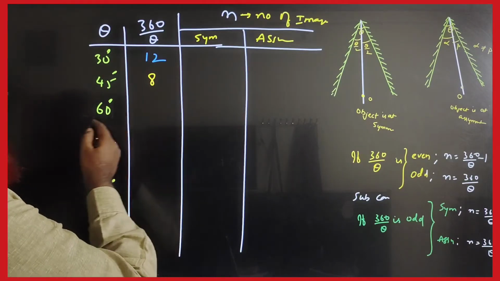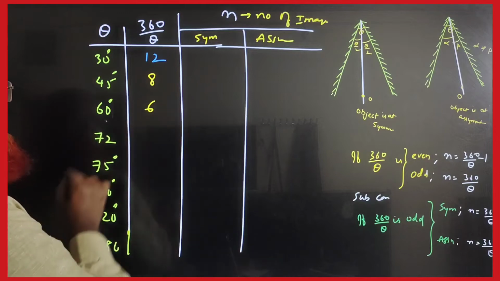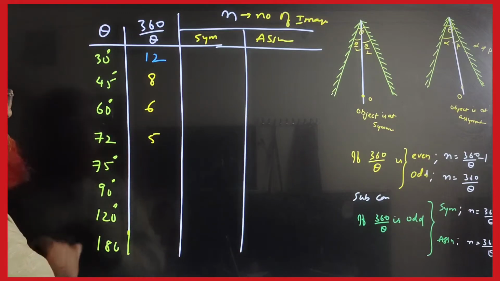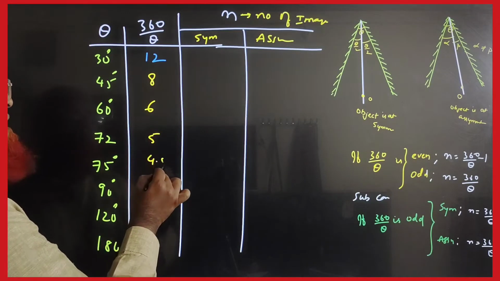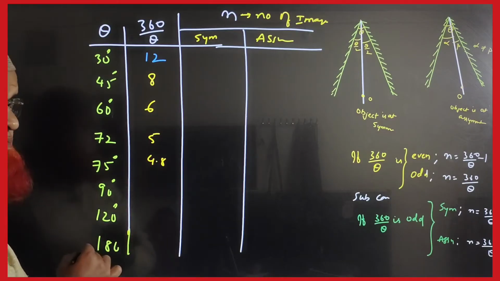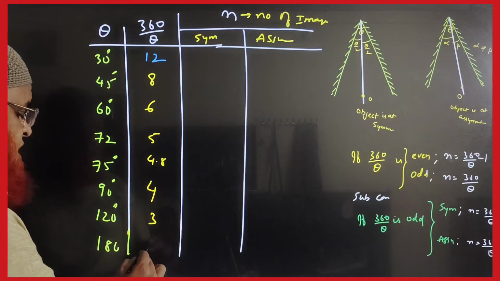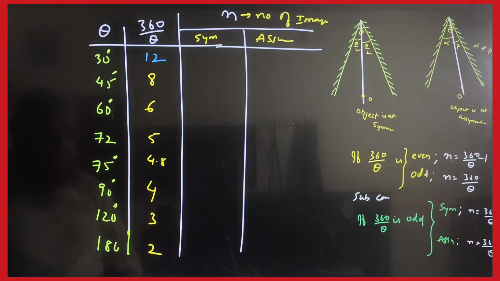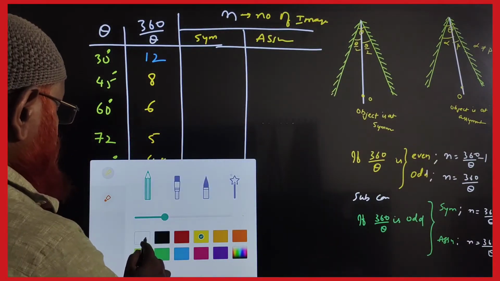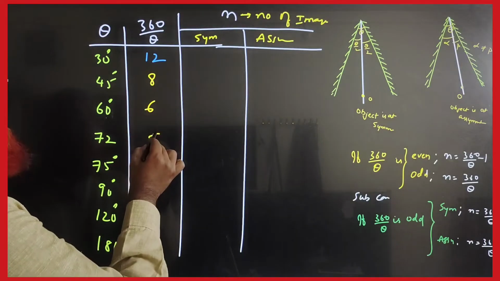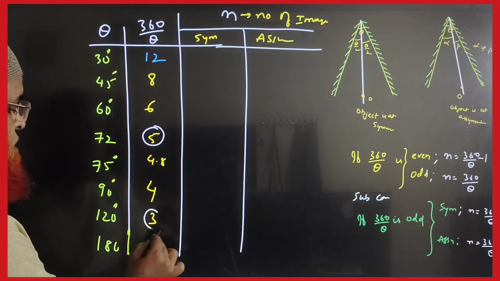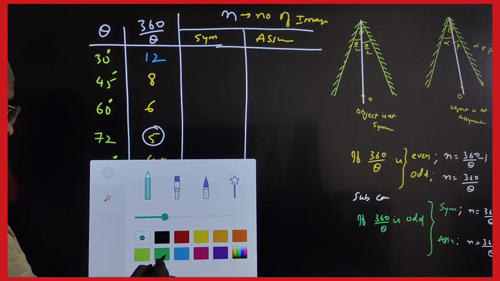Is it not? So 60 means 6. 72 means 5. 75 degrees means 4.8. 90 means 4. 120 means 3. And 180 means 2. So let us do one thing here. Let us mark the odd conditions. This is an odd condition. Is it clear?